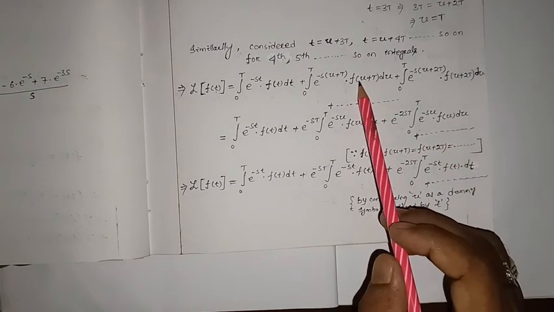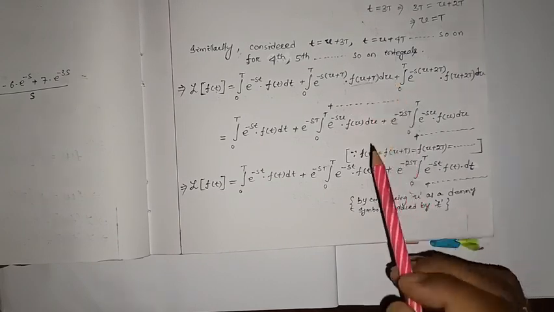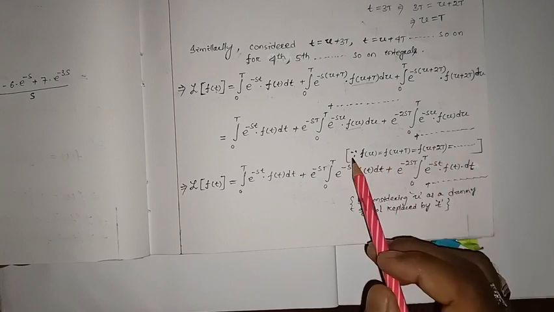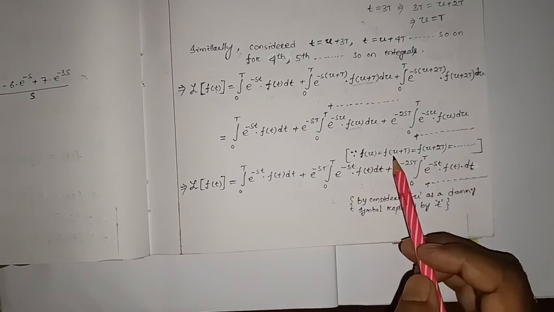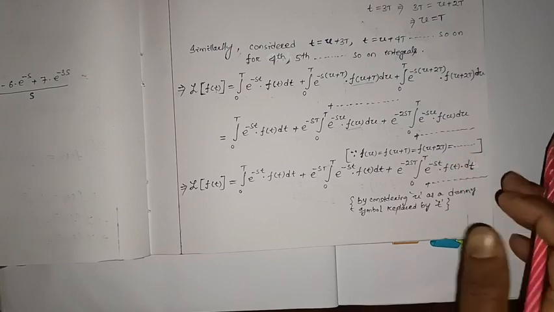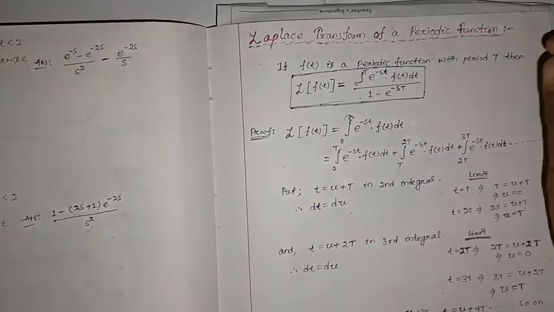So here f of u plus T du is there. So f of u plus T, why and how it has been written as f of u? The reason is that f of u will be equal to f of u plus T equal to f of u plus 2T, because initially we considered f of t as a periodic function.